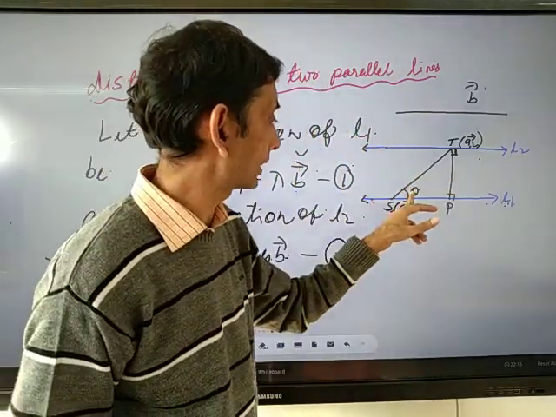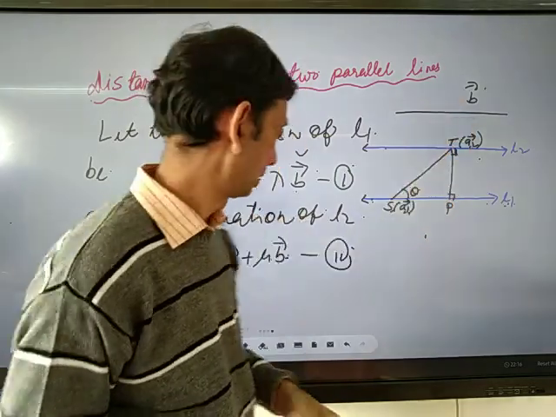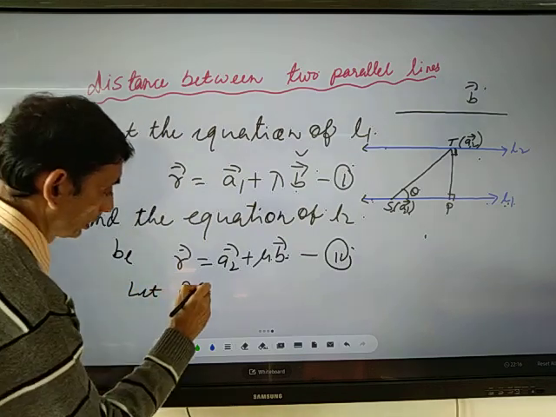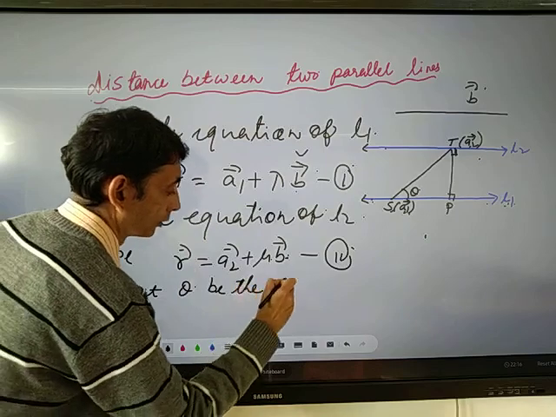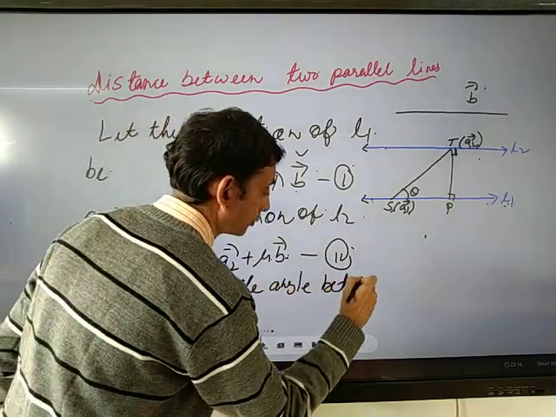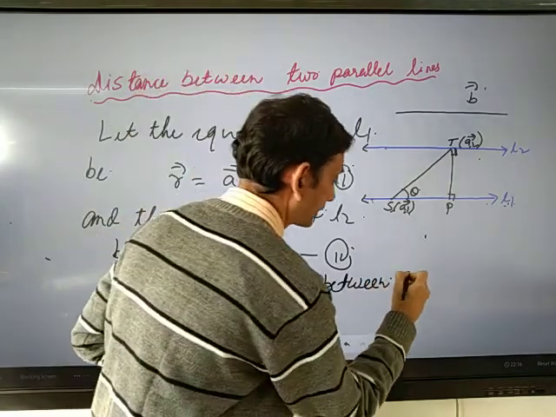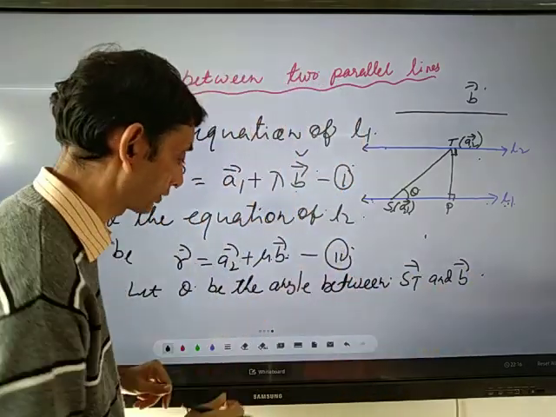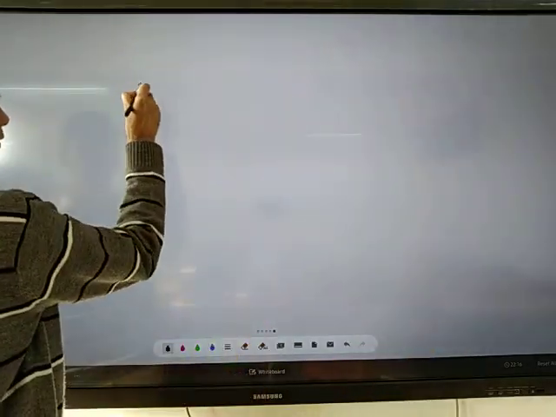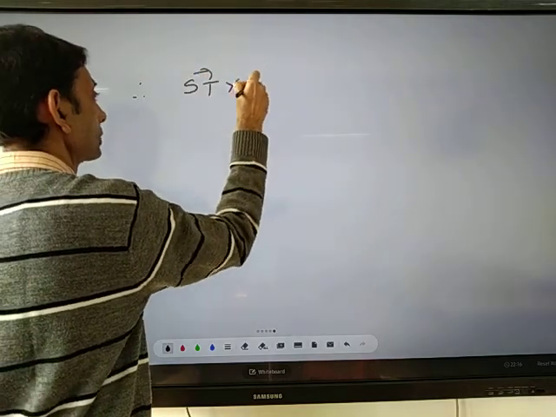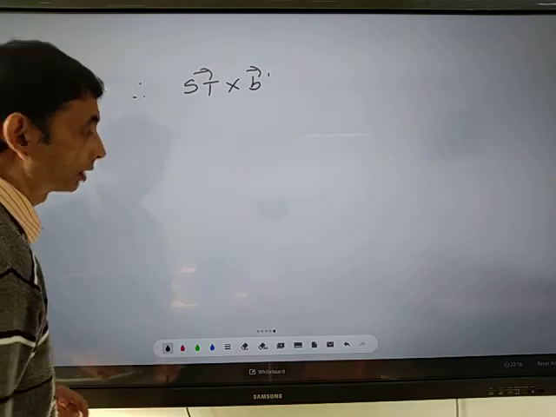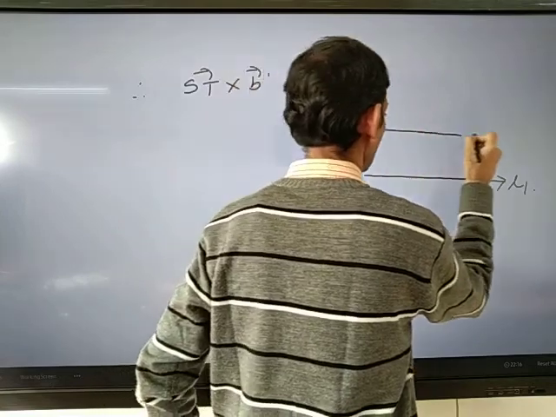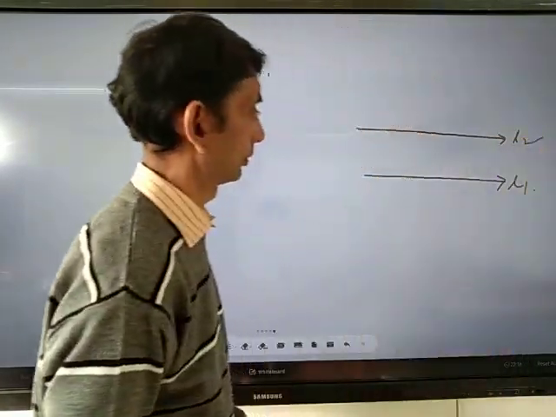So let theta be the angle between ST and B. Just try to find the cross product between these two vectors, ST cross B. I think here also we need to draw the figure once more. This is line L1, this is a parallel line L2.